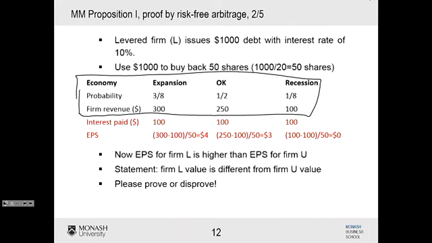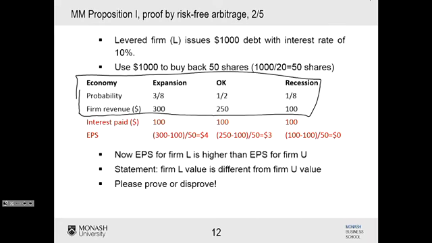You don't change anything else. The investment decisions are exactly the same, operations follow exactly the same procedure, and probably you're going to hire the same managers to do the same thing. And the economy assumptions are the same, because that's exactly the unlevered firm. So the probability of the economy is the same, and the firm-generated revenue is the same.